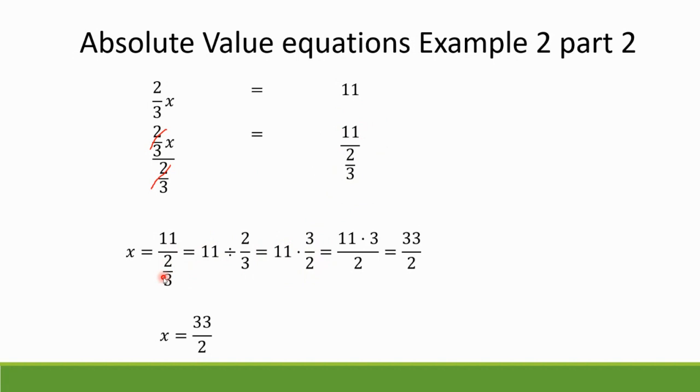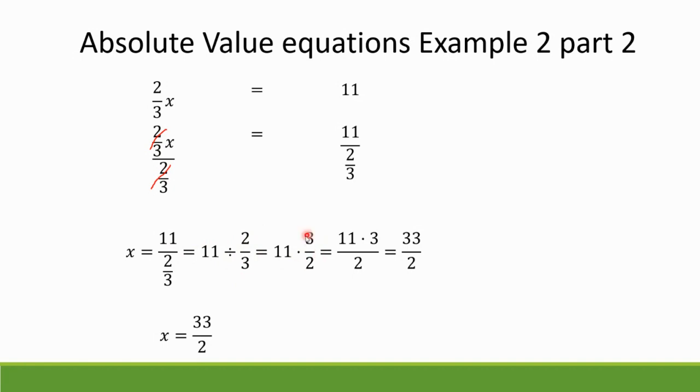So we have 11 over 2/3, but that's really 11 divided by 2/3. And what you can do is write this as, division becomes multiplication. This fraction here, you take its reciprocal. You turn it upside down.